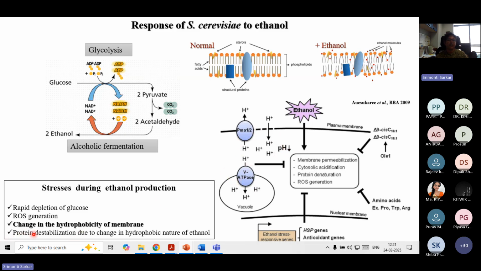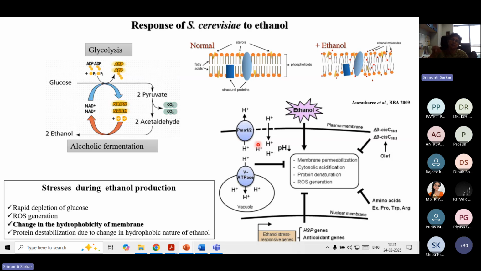And finally, besides the membrane being destabilized due to the higher hydrophobicity of ethanol, proteins are also destabilized due to the hydrophobic nature of ethanol. So what I've shown you is that when yeast is making ethanol, cells are facing nutritional stress. Cells are facing thermal stress because a lot of glucose is being converted to ethanol.